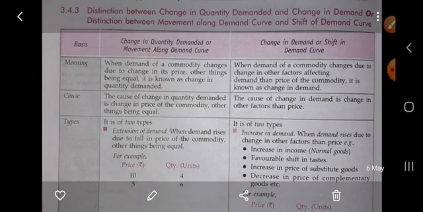Next, we studied that change in demand means there is a shift of the demand curve.